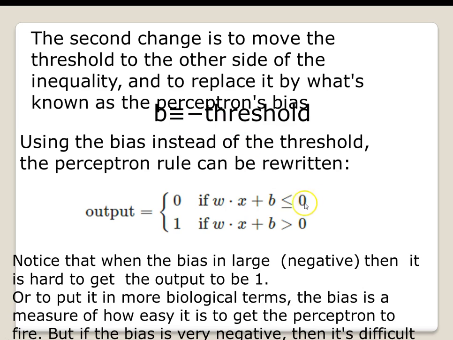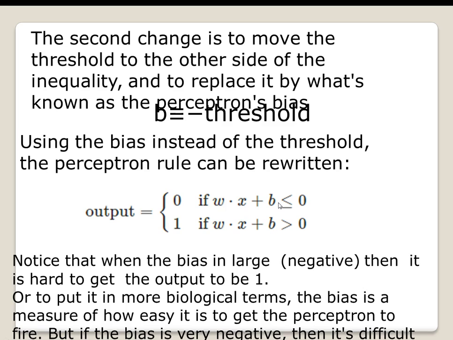So if we bring it over to here, it becomes plus. So b is minus the threshold, and if I bring it over here, it becomes plus. I know it seems more complicated to do this, but that's what they're doing, and it's not too much more complicated. So now this formula is really the same thing.